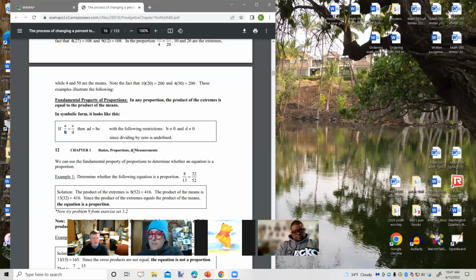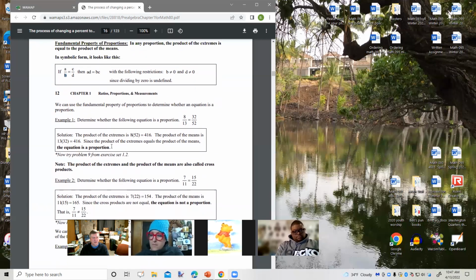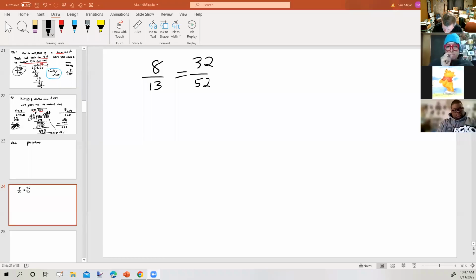Now, having said all of that, let's take a look at this example. It says, determine whether the following equation is a proportion. 8 is to 13 as 32 is to 52. So we're going to find the product of the extremes and the product of the means. Let's switch over to the whiteboard. The question is, is 8 times 52 equal to 13 times 32?